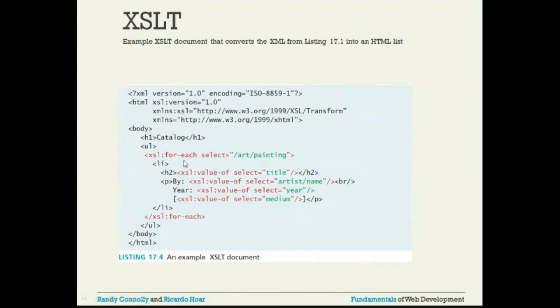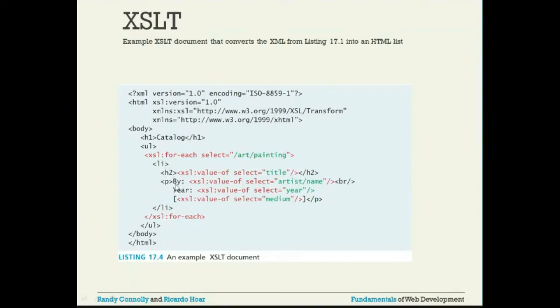For each of those, since we have three sets of paintings, this loop will go three times. Then we have the li list, then h2, where we display the value of select title. The title is the element, and whatever value it has will be accessed and displayed inside the h2 header.